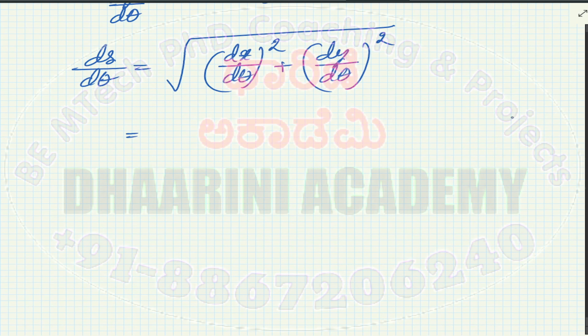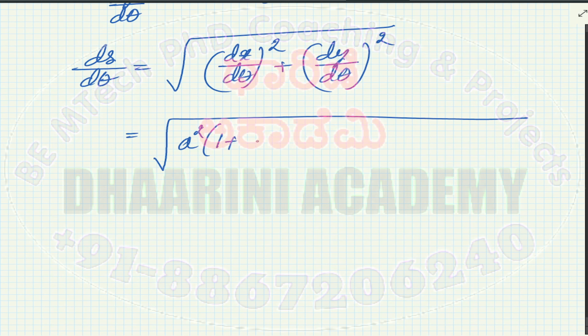This is the square root of a square into (1 plus cos theta) the whole square, plus, substituting dy by d theta, once again a square into sine square theta.